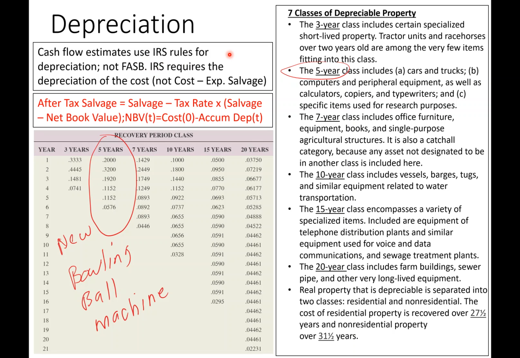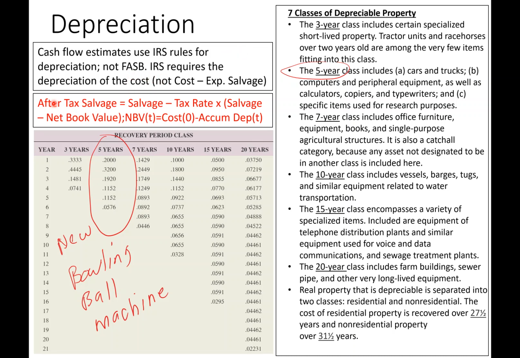Normally, when we talk about financial statements, we say we depreciate the cost minus the salvage value of a capital expenditure. However, according to the IRS, we depreciate the full cost. So that's going to be a difference between accounting books and tax books. And since we care about cash only, we're going to just do it according to the IRS.